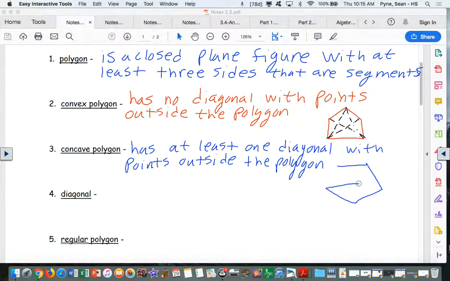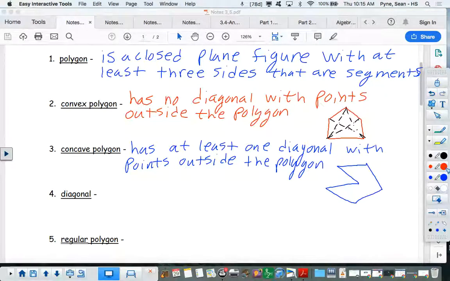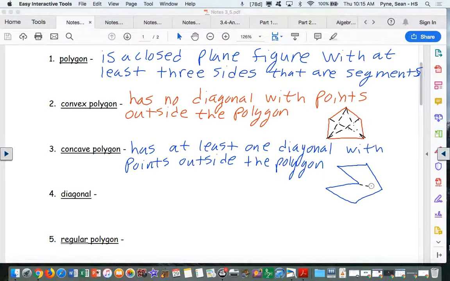So what that means is if I'm drawing points connecting, what makes it concave is this, where I have a diagonal going from one point to another and it's outside the shape. That's what makes it concave.